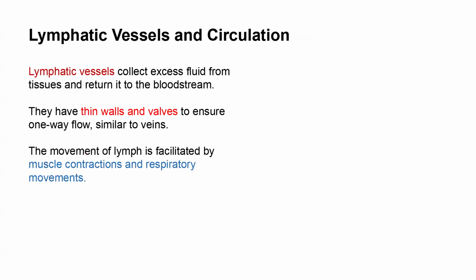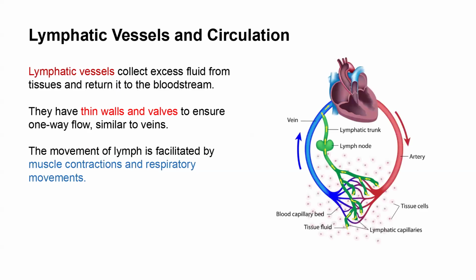The movement of lymph is facilitated by muscle contraction and respiratory movement. The lymph, which is the fluid found in the lymphatic system, moves because of muscle contractions and respiratory movement. So these are the different vessels of the lymphatic system.